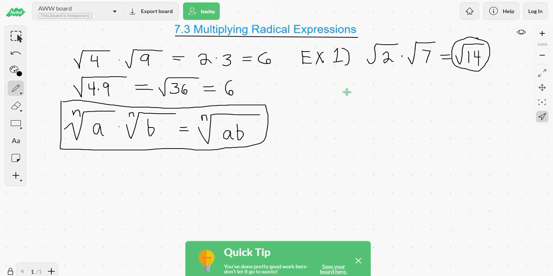But let's take a look at another example. Let's suppose that we've got, let's just letter this A, the square root of x plus 3 times the square root of x minus 9. Now, because we've got the same index again, we just need to write the square root and then multiply these two together.